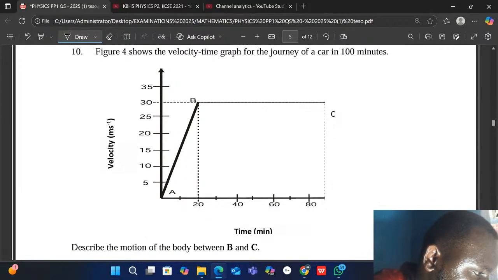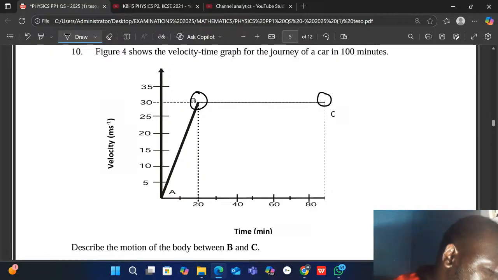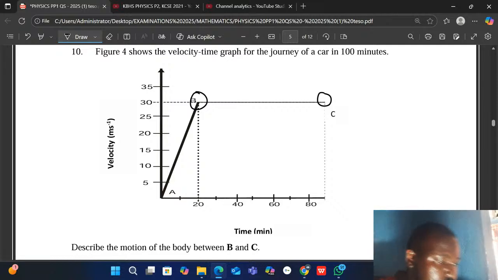Figure shows the velocity time graph for the journey of a car in 100 minutes. Then you're told describe the motion between B and C. Between B and C, so these parts. You can see the velocity is constant, and this means that there is no acceleration.